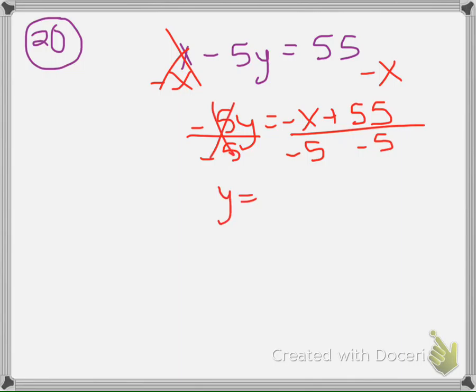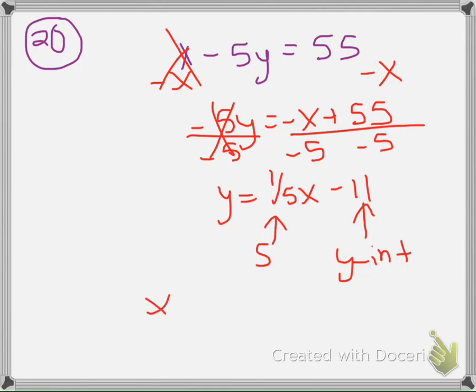Y equals negative 1 divided by negative 5 is a positive 1/5 x. And then positive 55 divided by negative 5 is negative 11. 1/5 is my slope. Negative 11 is my y-intercept. Now my x-intercept is going to be 55 divided by 1, which is 55.